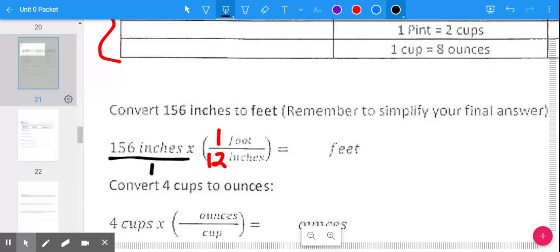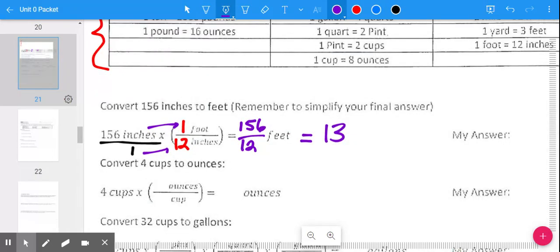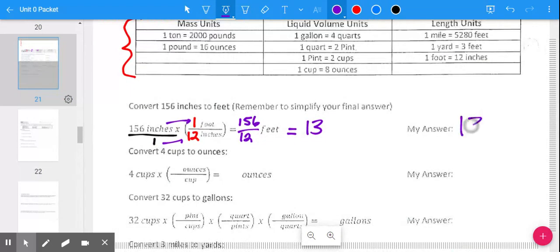Then you multiply straight across the top. 156 times 1 is 156. 1 times 12 is 12. And 156 divided by 12 is 13. So that means your answer in this one is 13 feet.